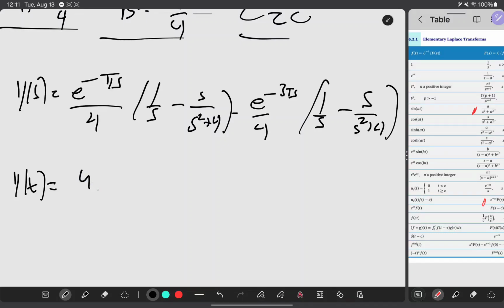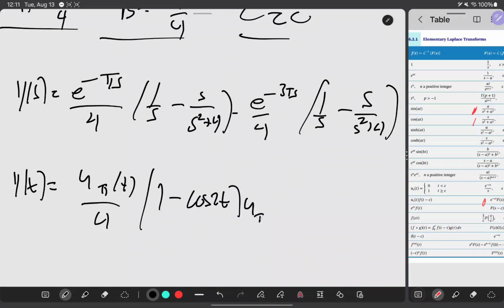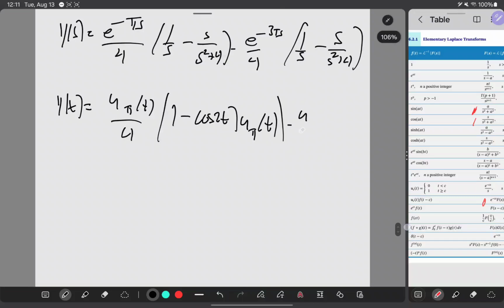This is u pi of t over 4. 1 over s is 1 minus cosine. Our a would be 2, so that's 2 squared, right? So that's cosine of 2t times u pi of t minus u to the 3. Let me just put that on the next line.